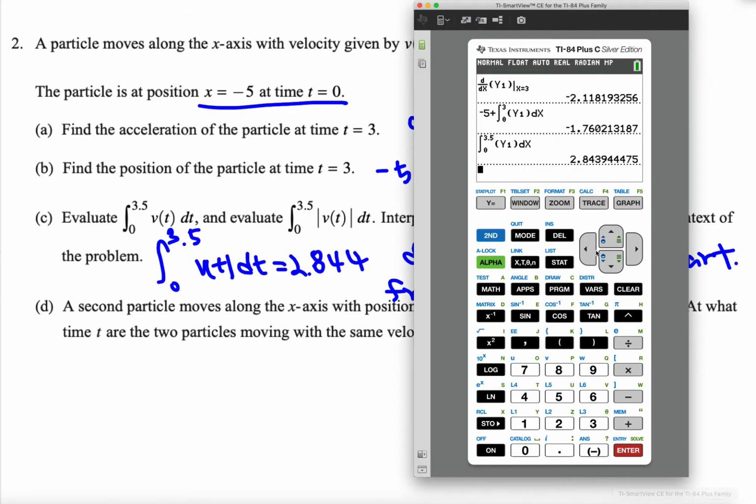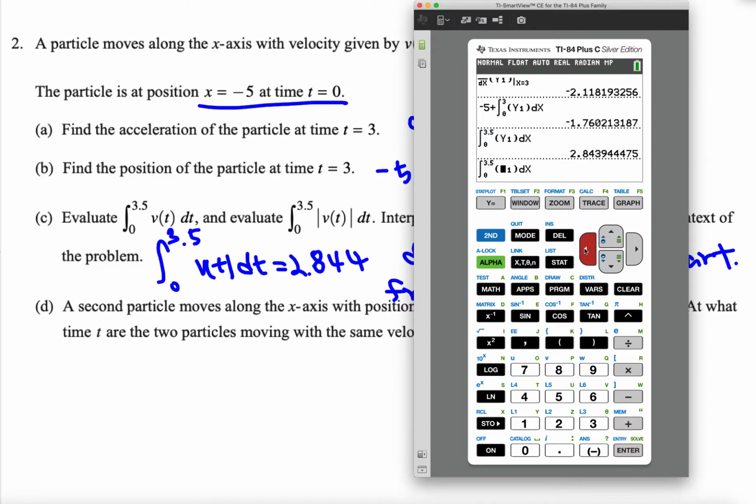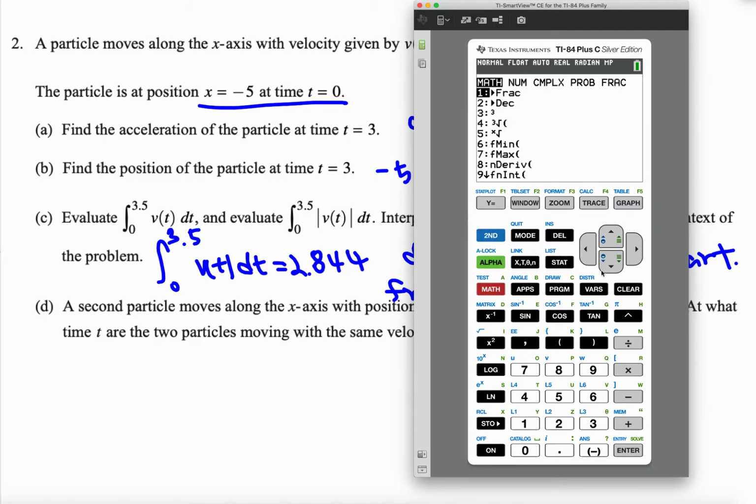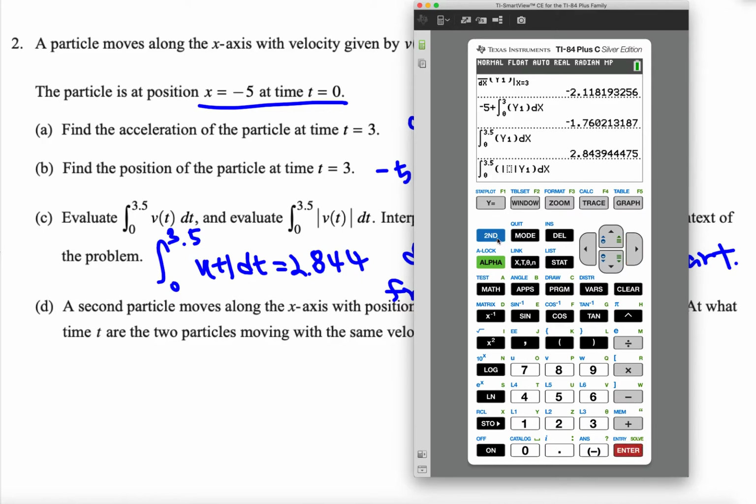So what I'm going to do is copy this one, and plug in second insert math, absolute value. There it goes, and then here y sub 1, and then I'm going to delete that one. Now what I have here is the integral of the absolute value.